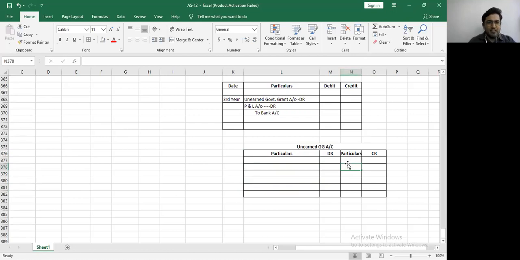When you received the government grant, where do you credit it in the income approach? Everyone on your chat box, when you receive the government grant, how do you treat it in the income approach?